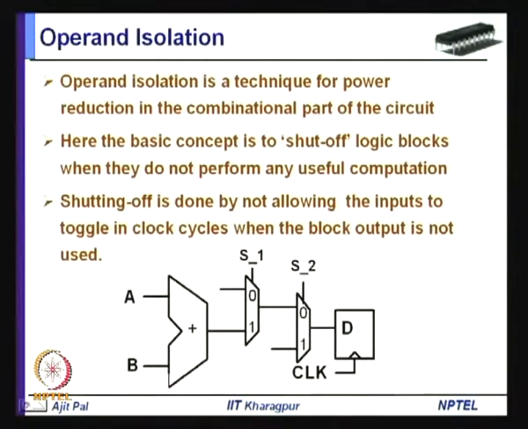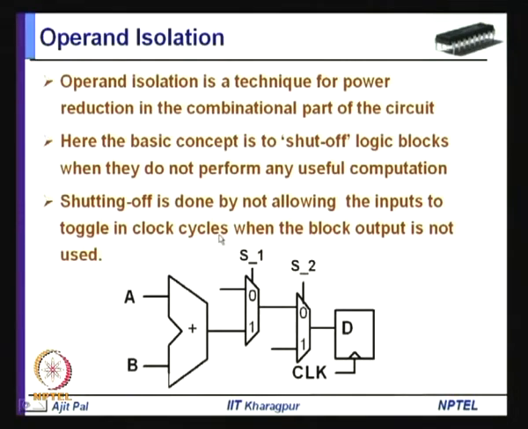So far, we have discussed power reduction in sequential circuits or registers. Now, we shall consider how power reduction can be done in a combinational circuit, and in this case the basic concept is to shut off logic blocks when they do not perform any useful computation. So, in this case we shall find out the condition when it is not doing useful computation.